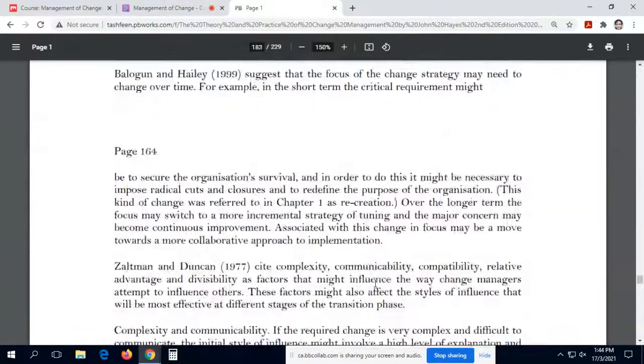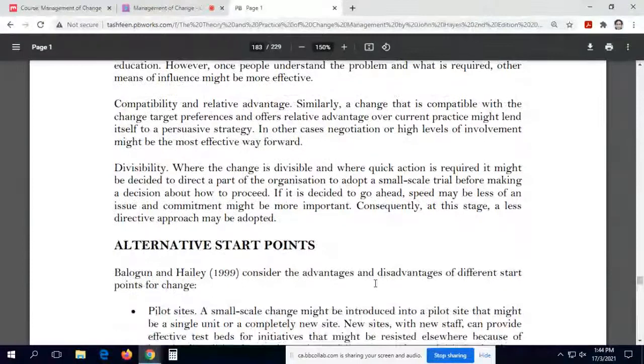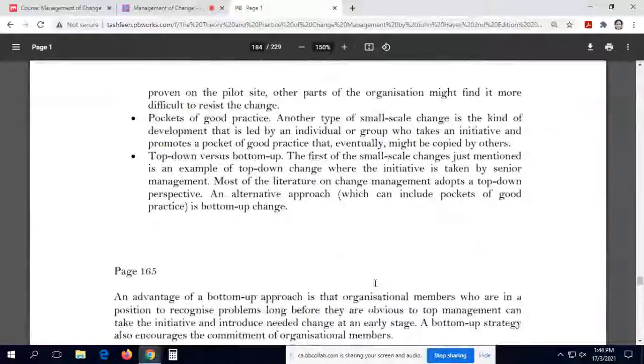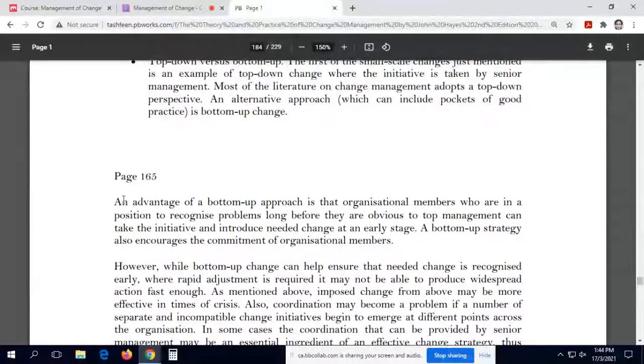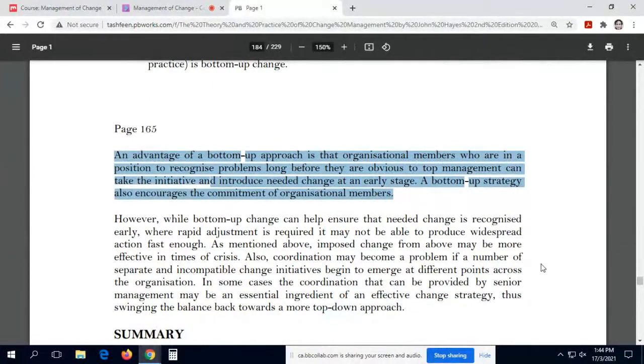Some other pointers, you're going to read the chapter, of course, but some pointers I want to highlight, which I enjoyed reading. So look at this one, for example. They are talking about different types of approaches, and what can be some of the advantages and disadvantages of those approaches.